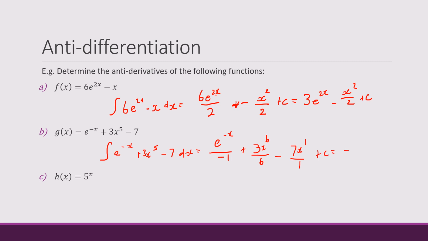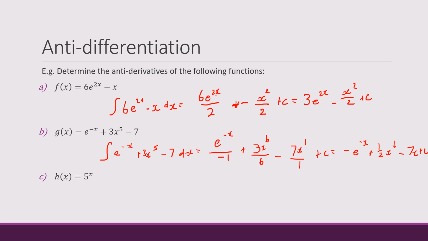Then simplify: negative e to the negative x plus half x to the 6 minus 7x plus c is my answer for that one.